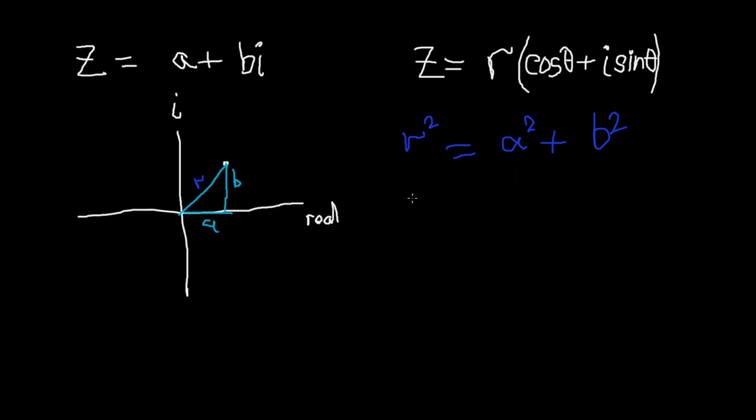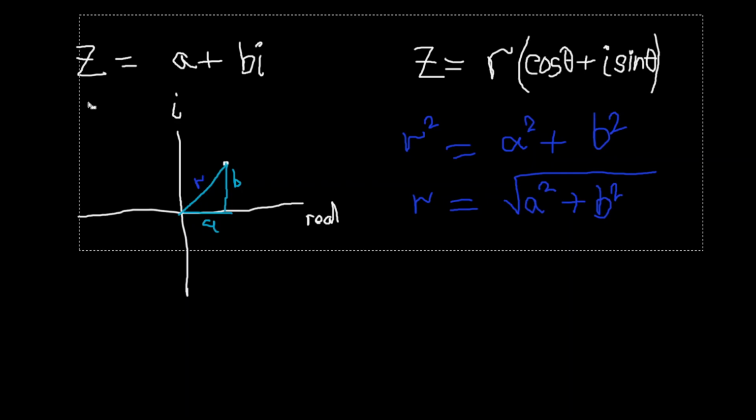And we can take the square root on both sides to isolate r. r equals square root of a squared plus b squared. So this is how you will find r.